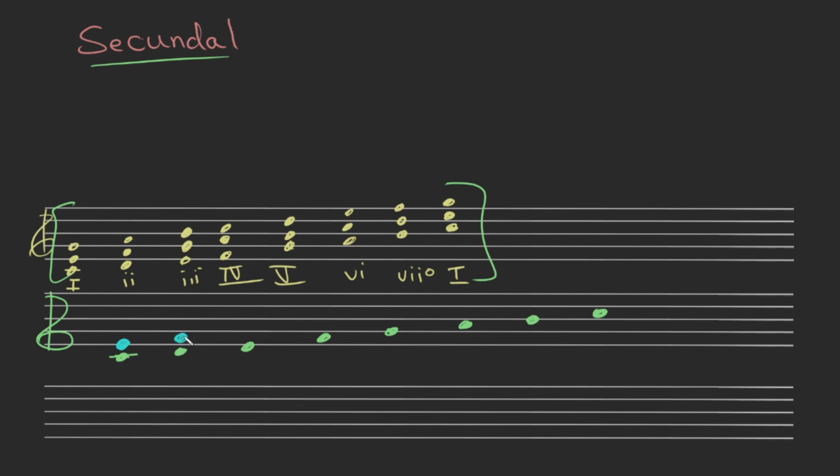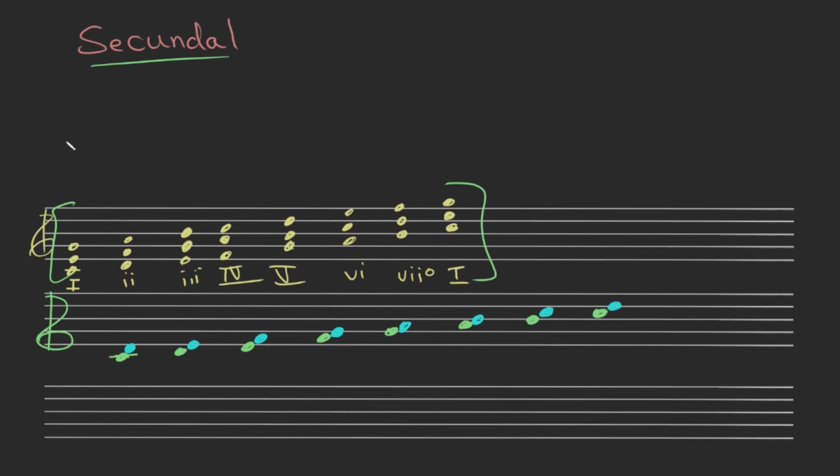I'll write a second on each one with this color, and then we'll switch colors, just so the notes are really clear. I don't want anyone to get lost here.